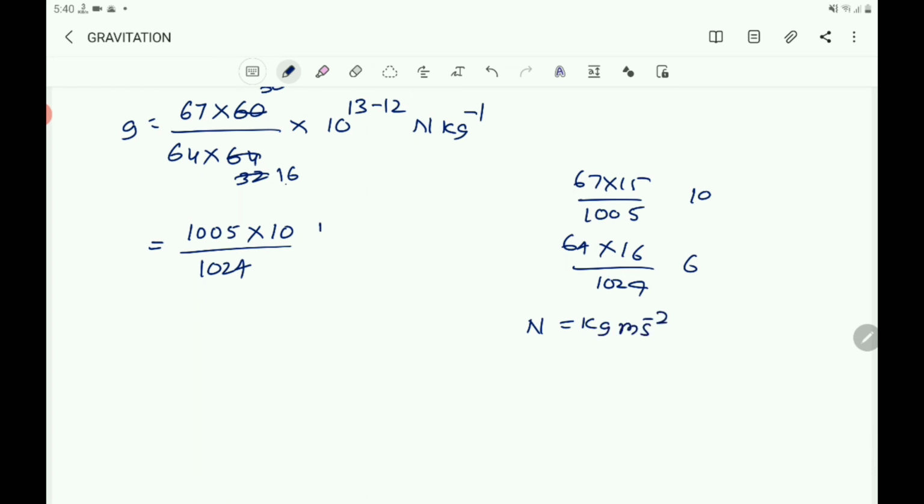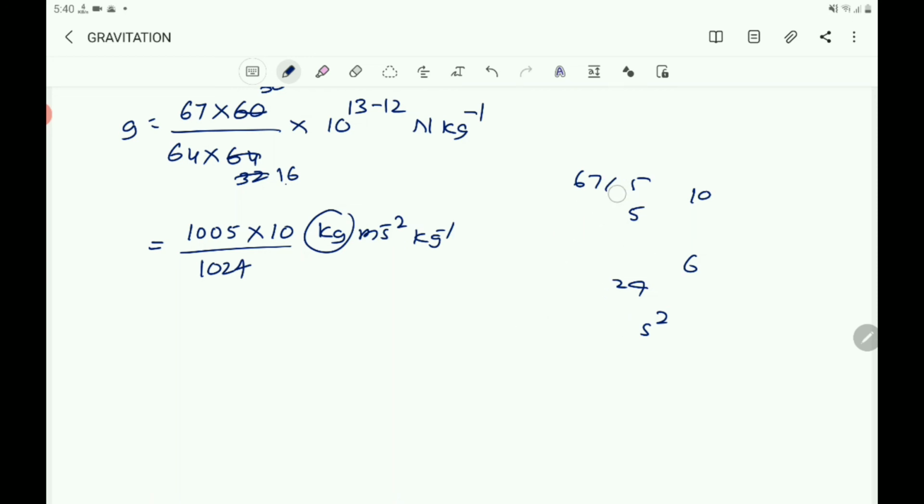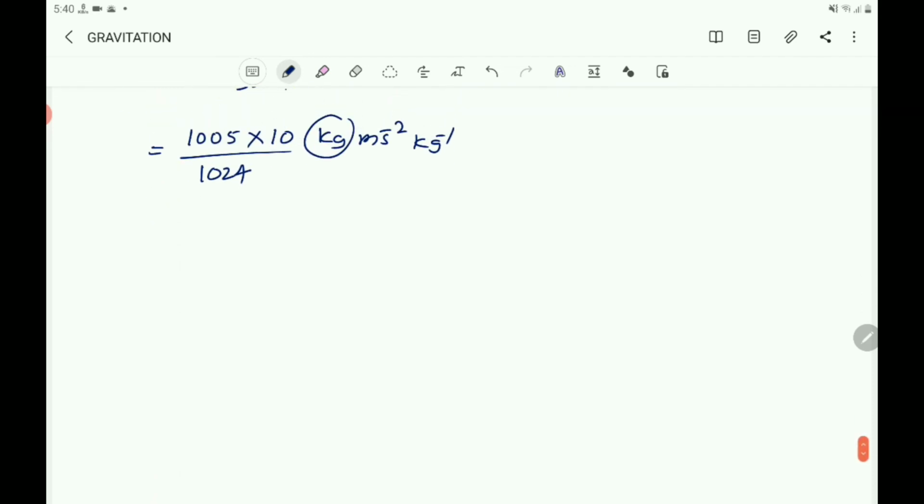This kg power 1 and kg power minus 1 cancel here. Then 1005 into 10 means one extra 0 will come, 10,050 divided by 1024 m s to the power of minus 2.